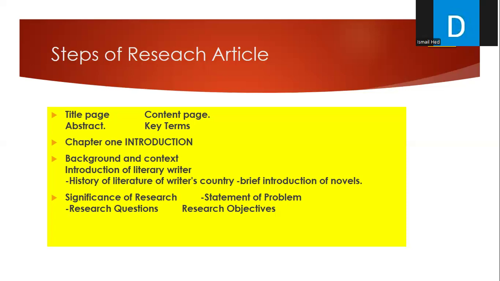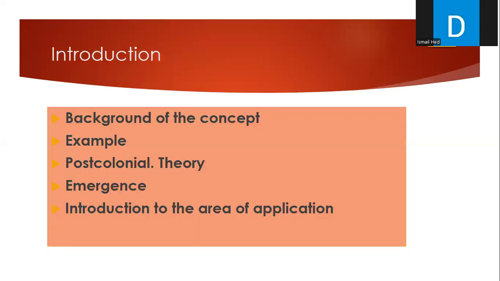The statement of the problem would indicate the social problem or the social applicability of that particular problem, that how that problem is rooted in the society. Also, a good research paper should have properly formulated research questions and research objectives, which would help you to define your research in a particular parameter.